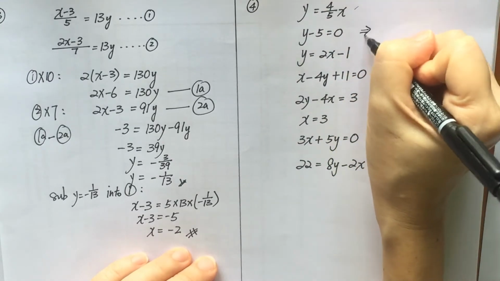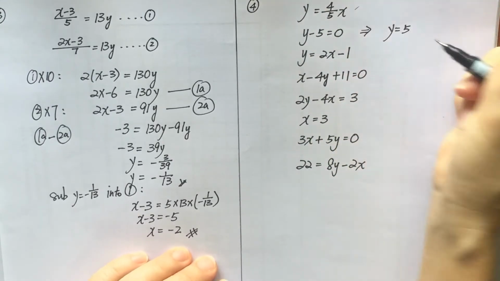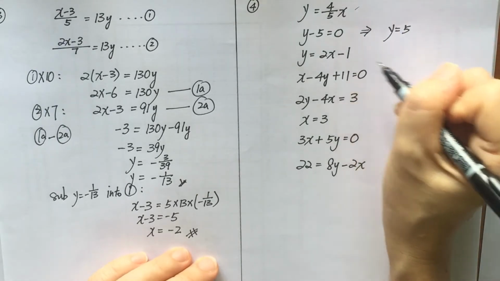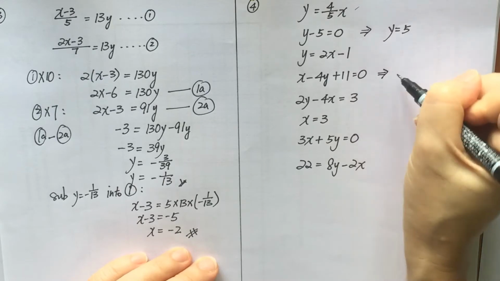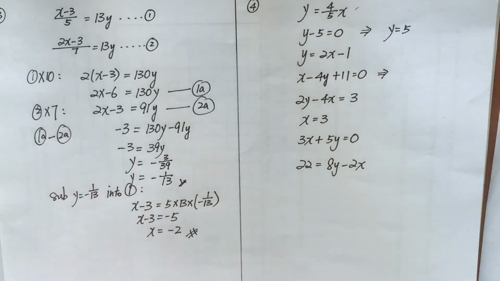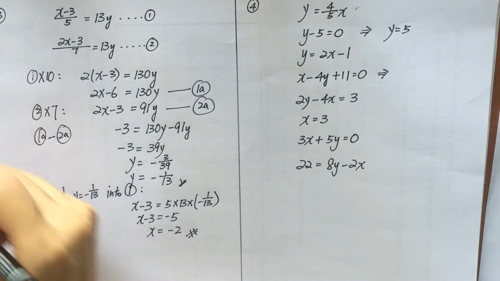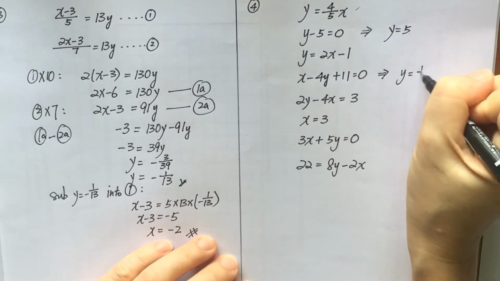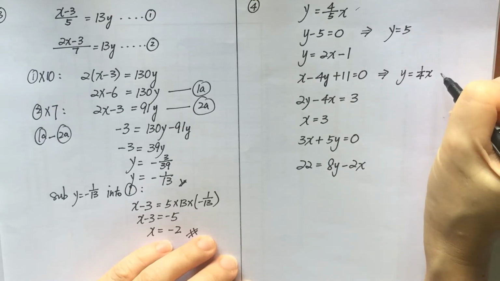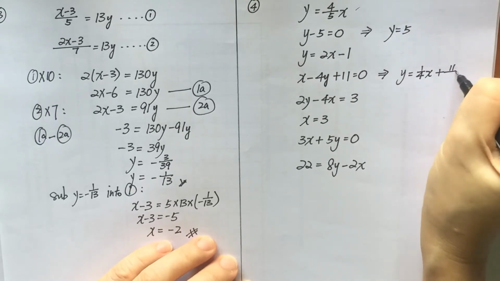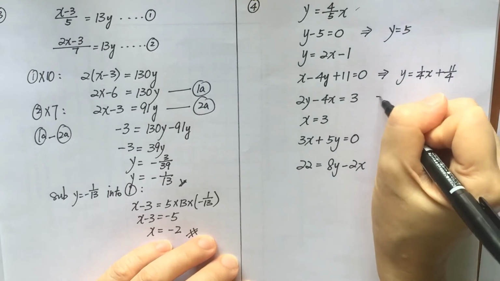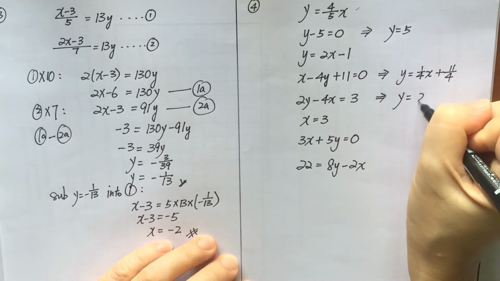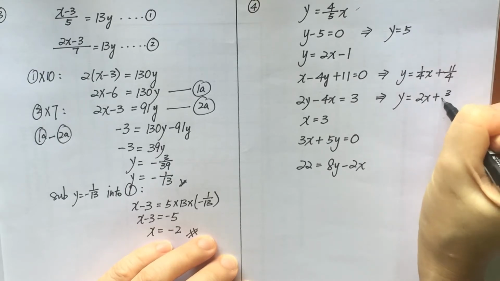Second equation, we write it to be gradient intercept form. So the gradient is 0, the intercept is y. The third one already done, so we don't have to change. The fourth one, we are getting y equals to 1/4 x, okay, plus 11/4. Okay, the next one, y is 4/2, will be 2x plus 3/2.